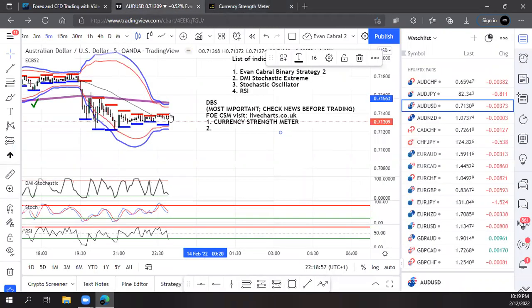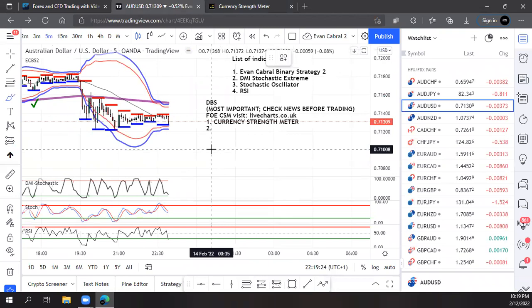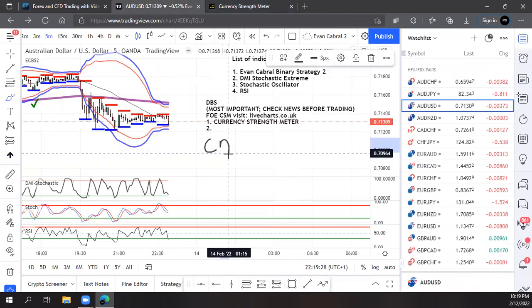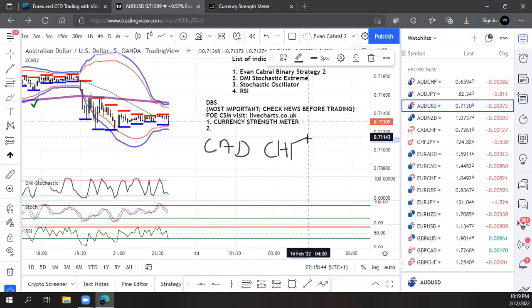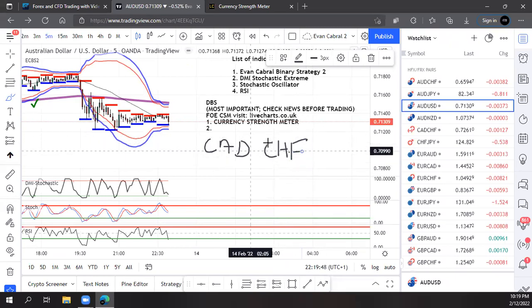Now, let me actually show you guys this. So this is CAD, right? This is CAD. This is CHF. Permit my handwriting, it's sketchy. So this is CHF, right?